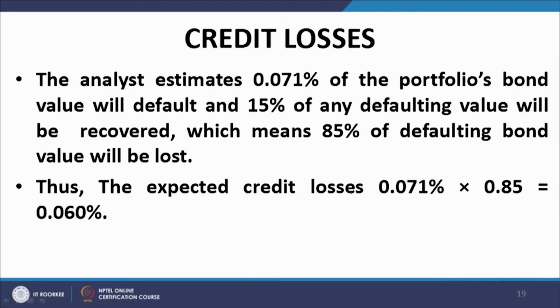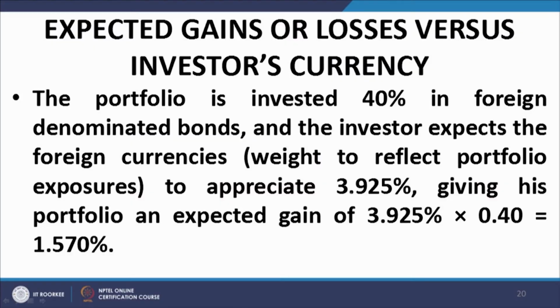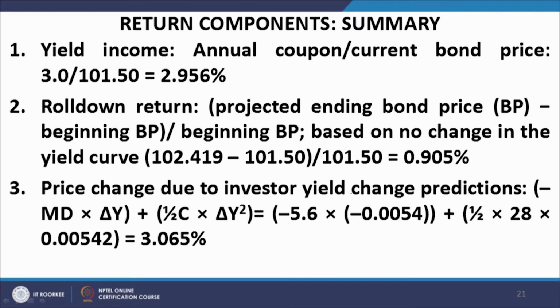This is straightforward. Similarly, for the expected gains or losses versus the investor currency, 40% of the investment in the bonds is in foreign denominated bonds, and the expected increase is 3.925%, and therefore, the effective increase measured over the entire value of this portfolio is 3.925% into 0.40, that is 1.570%.